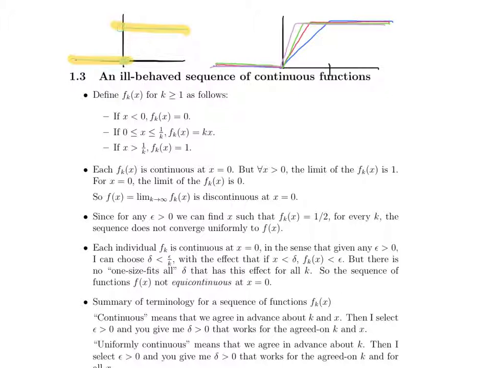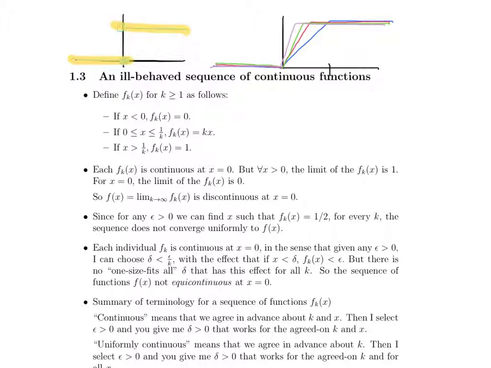It would be so cool if we could say, no matter what function you're talking about, at this particular x value, if you're within delta of this x, your function values will be within epsilon of each other, no matter which function f sub k you're talking about. That's equicontinuity, and this function does not have that quality. It is not equicontinuous. And so that's some new terminology for some of you.